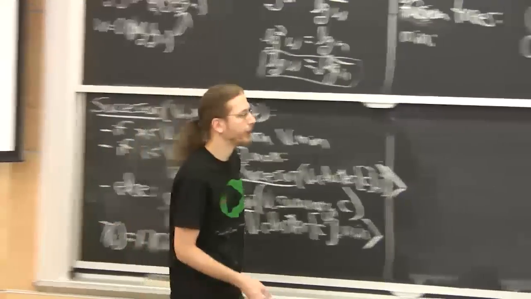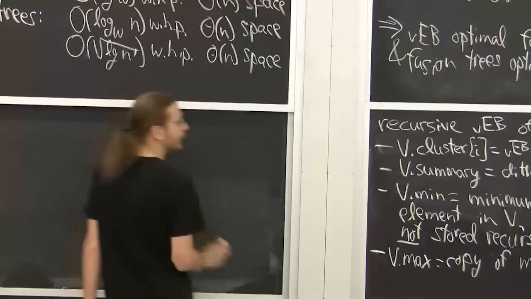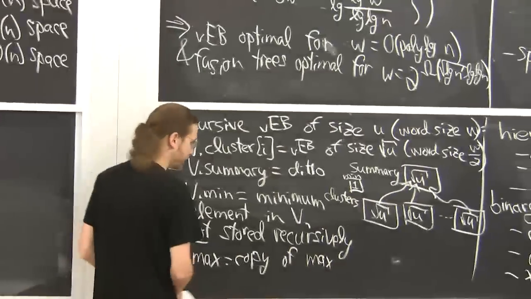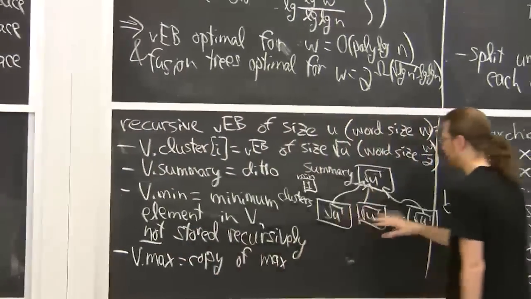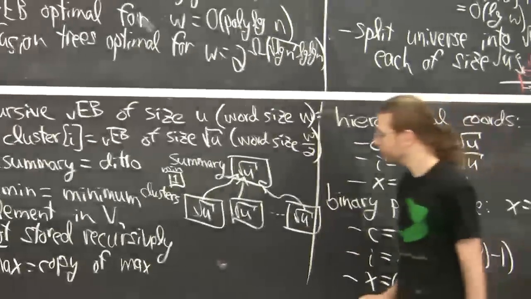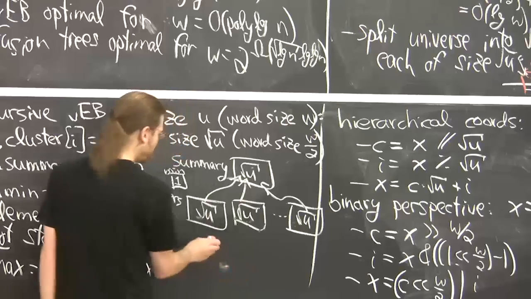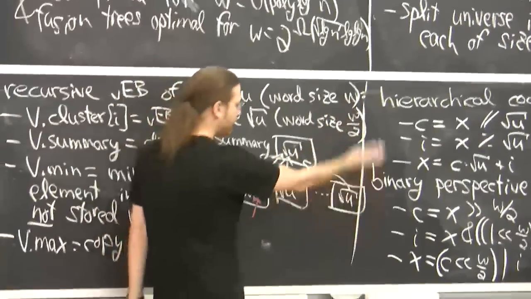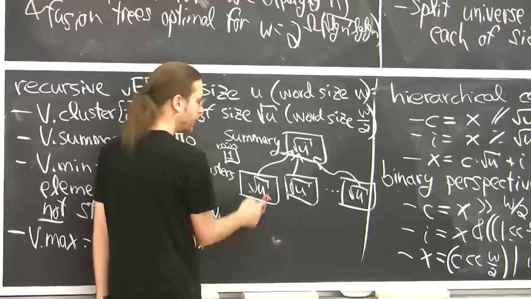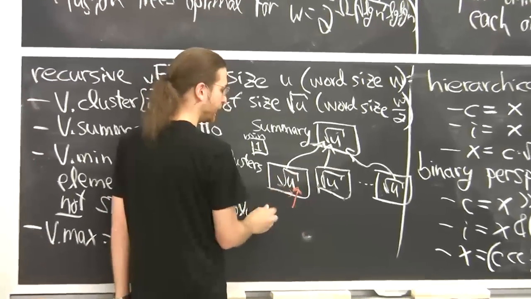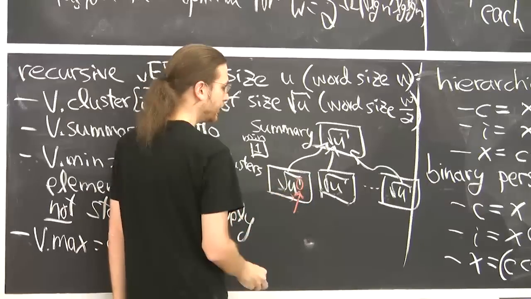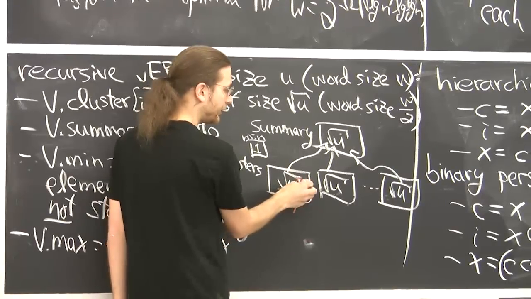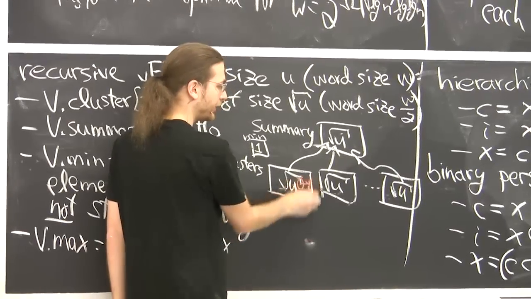Okay, so let's just think about intuitively what's going on. We've got this, I guess I can do it in the same picture. We've got this summary and a bunch of clusters. And let's say you want to compute what's the successor of this item. So via this transformation, we compute which cluster it lives in and where it is within the cluster. That's I. So some item here. Now, it could be the successor is inside the same cluster. Maybe there's an item right there.